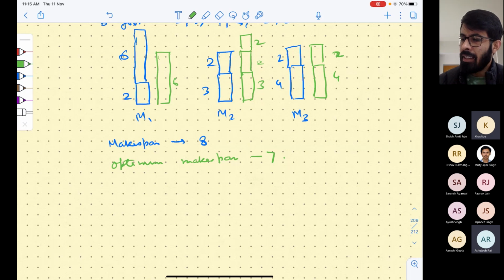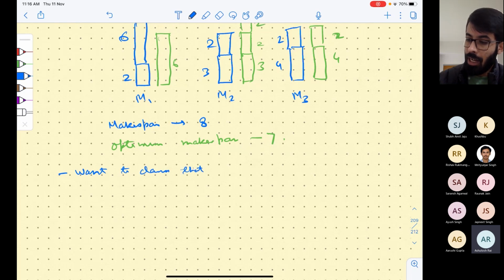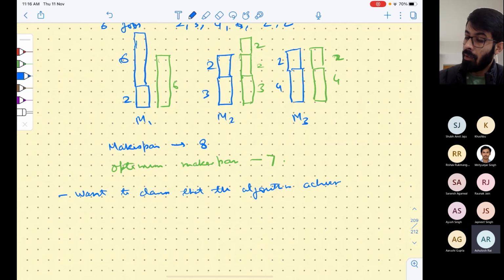Can it be less than 7? Can we do better than this? We want to claim that this algorithm achieves close to optimum.